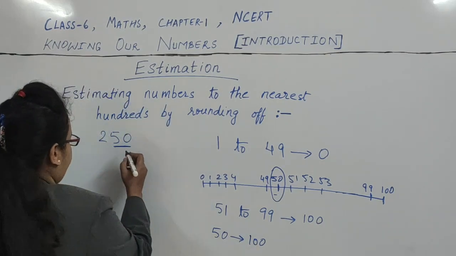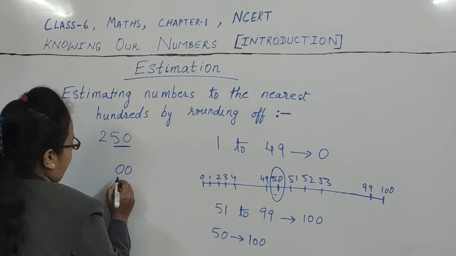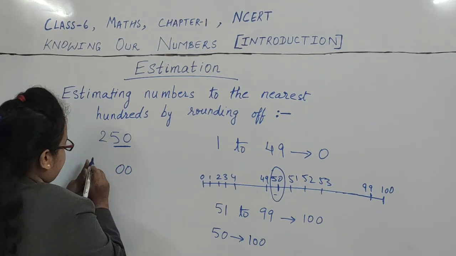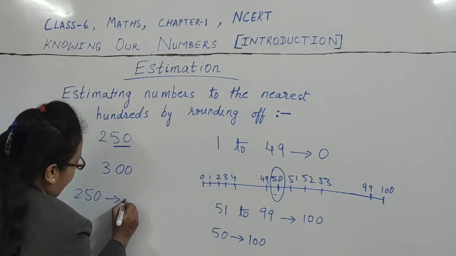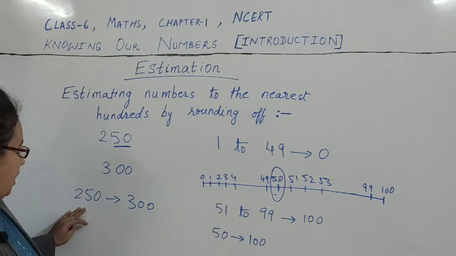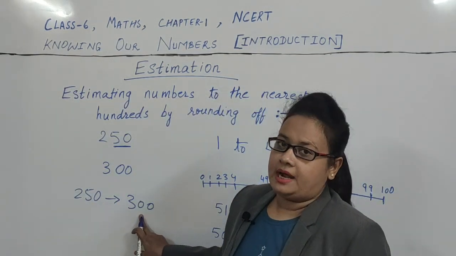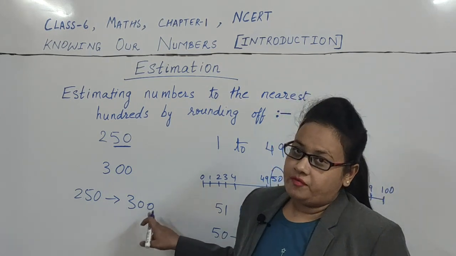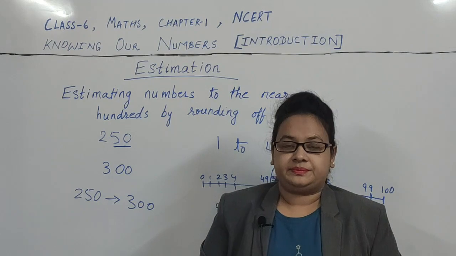So this will be rounded off to 100, which means this 1 will be carried, and 1 plus 2 is 3. So 250 is rounded off to 300 to the nearest hundreds. When we round off 250 to the nearest hundreds, we round it off to 300. So this way we round off numbers to the nearest hundreds.